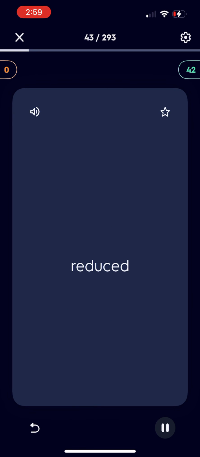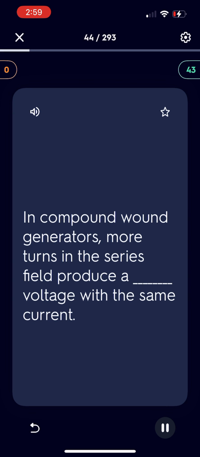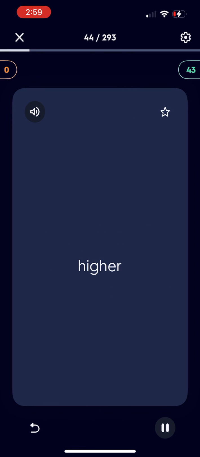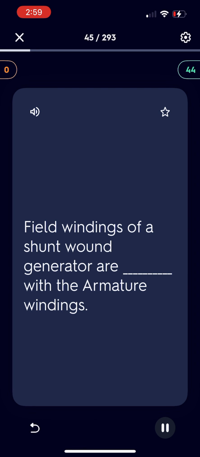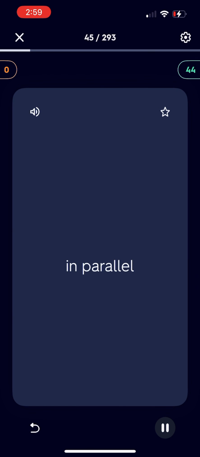In compound wound generators, more turns in the series field produce a higher voltage with the same current. Field windings of a shunt wound generator are in parallel with the armature windings.